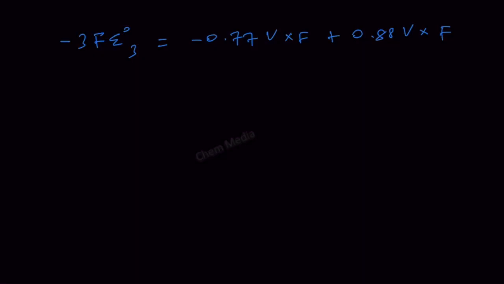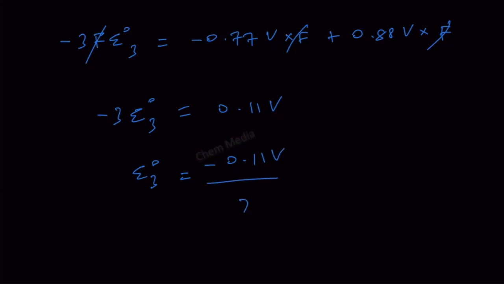Faraday constant is common, therefore we can cancel that. Therefore minus 3 E3 standard is equal to 0.11 volt. Therefore E3 standard is equal to minus 0.11 volt divided by 3. We can't divide 1 by 3, so 0.11 by 3: 3 times 3 is 9, so 3 remaining 2.